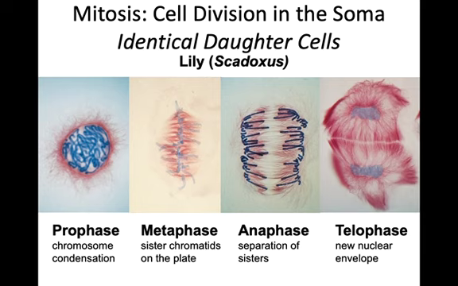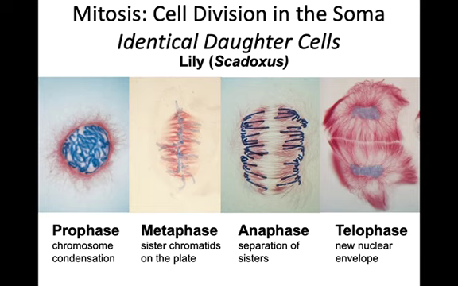During mitosis, cell division occurs in what you would call the soma, or the body, as opposed to, say, the germline or the tissues that produce germ cells. The typical description goes prophase, metaphase, anaphase, telophase. Prophase is the time period where there's chromosome condensation.